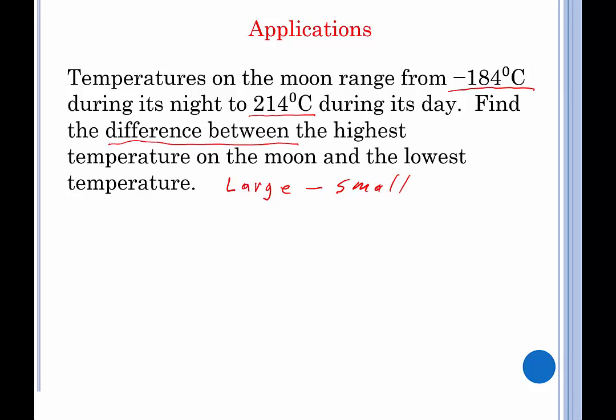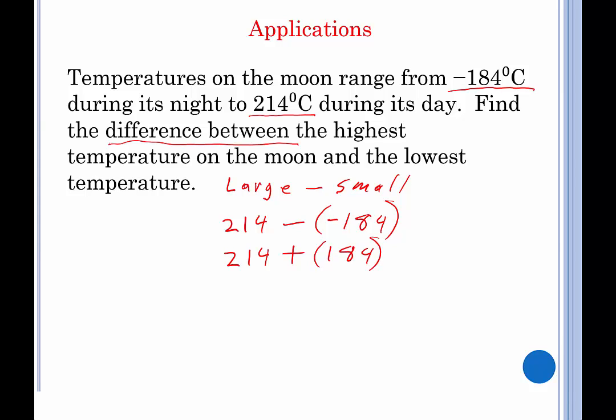So the larger one in this case is a positive 214. The smaller one is a negative 184. And we turn our subtraction into addition by changing it to addition, changing the sign behind it.